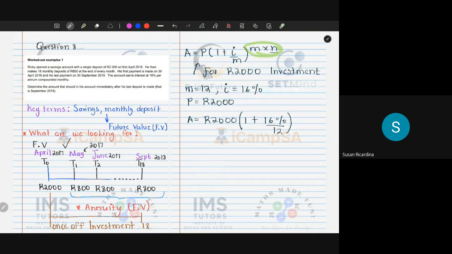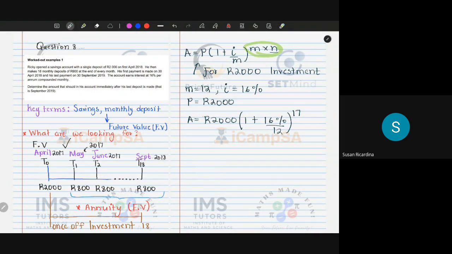If you think carefully, this amount is going to be in there for 17 months. So I should put in 17 here, because from April 30 to September 30, that would be 17 months. Do you guys understand? That money will sit for that amount of time in the bank.